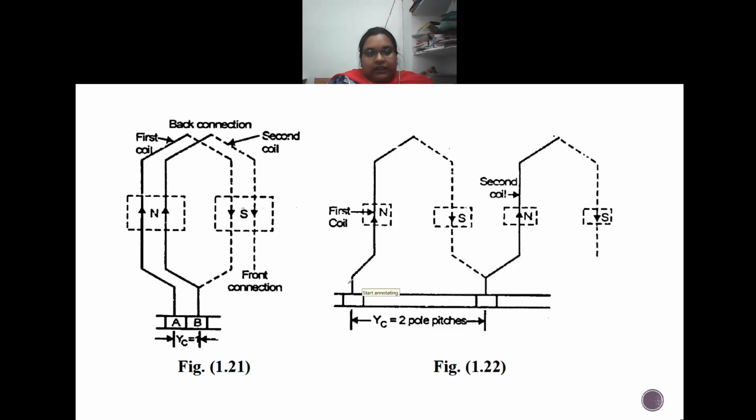So after going around the armature, the end point will also be connected to the starting point. Thus the total circuit will be completed.